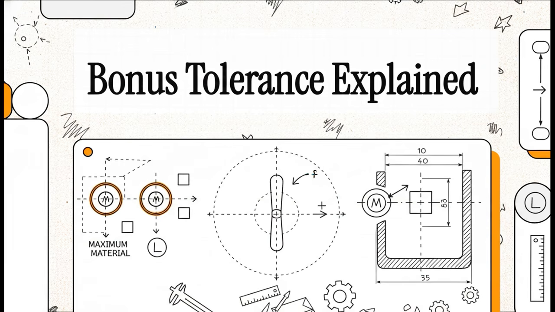And just to be super clear here, no, that's not a typo on the drawing, and nope, it's not a mistake by the inspector. It's actually specifically designed that way in the ASME Y14.5 standard. So let's unlock the secrets of material condition modifiers together and find out exactly how to get your hands on that completely free bonus tolerance.